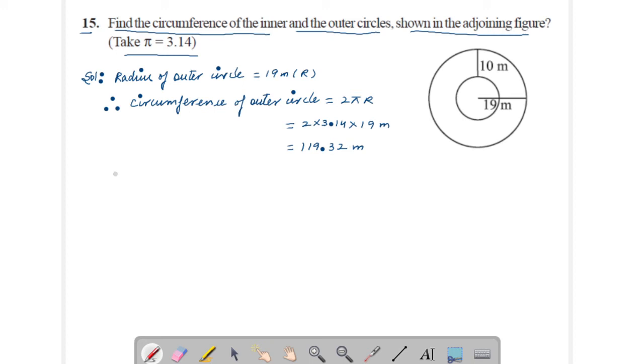Now radius of inner circle equal to 19 minus 10, 19 meter minus 10 meter, equal to 9 meter.